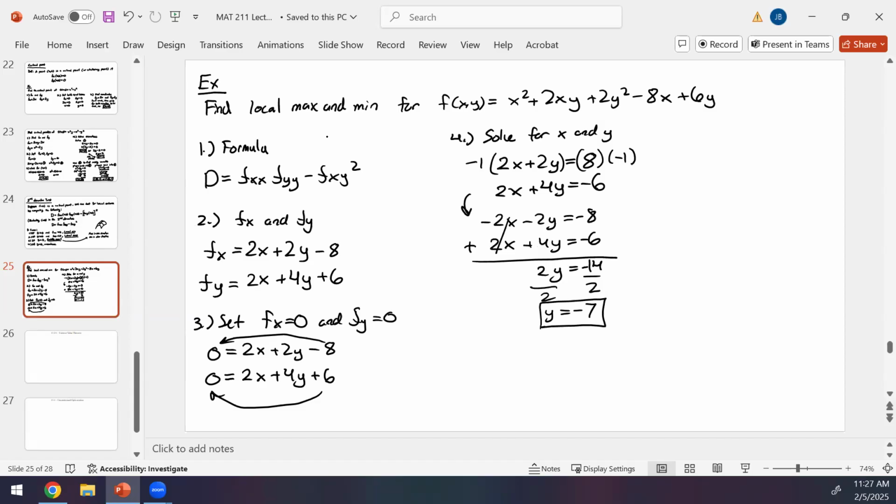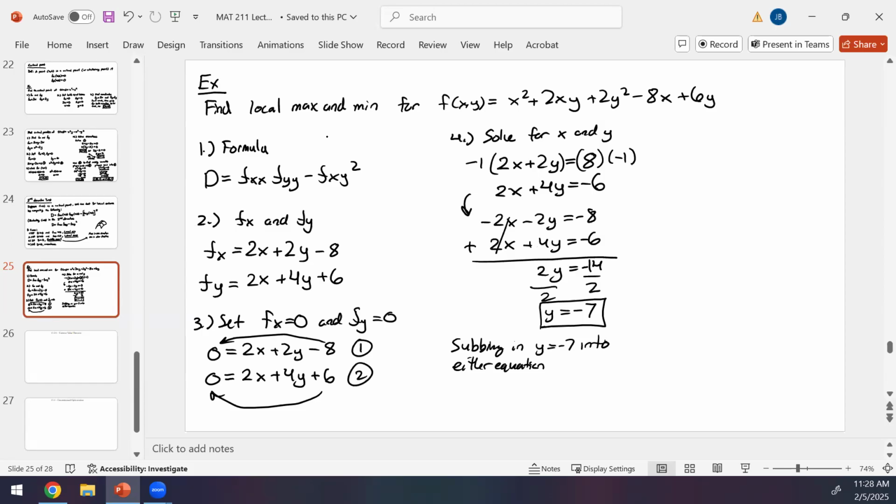Now, I am going to use this point to plug it into one of the equations and then solve for x. So subbing y equals -7 into either equation. It doesn't matter which one you pick, just pick either equation 1 or equation 2.